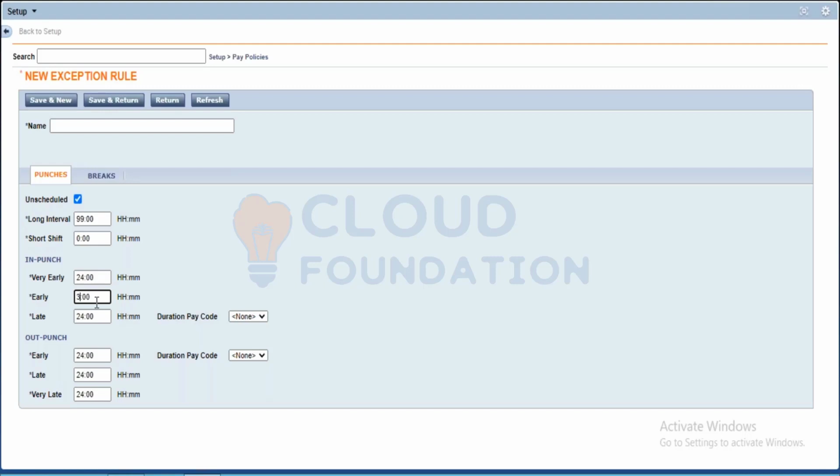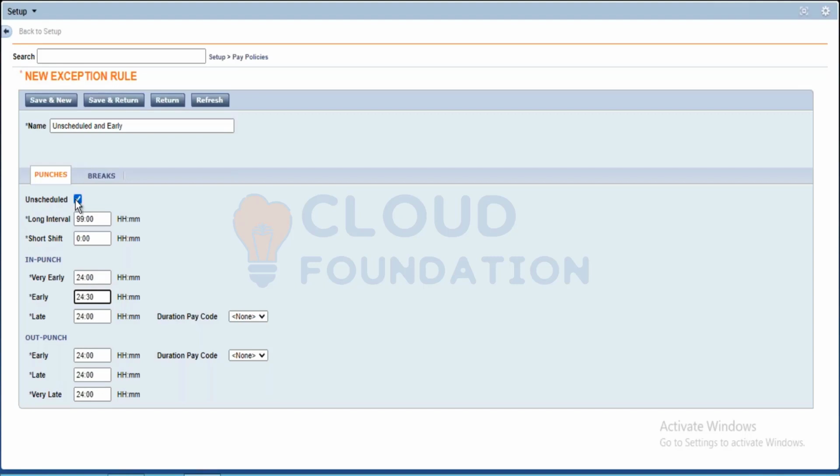Oh, sorry, this is 24. This is R. The next thing is, I want to flag anybody who's working an unscheduled and early shift. So I've put 30 here. The rest is all default, so it's going to be the same. Only where you make changes, that field is going to get considered.